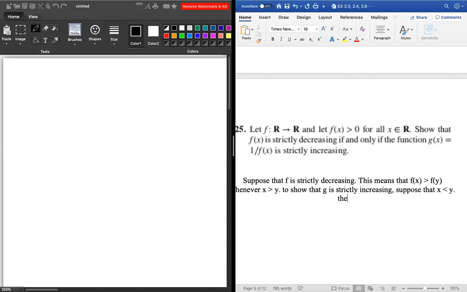Then g of x equals 1 over f of x, which is less than 1 over f of y, because g is strictly increasing, because it's an inverse relationship, right? That's why.